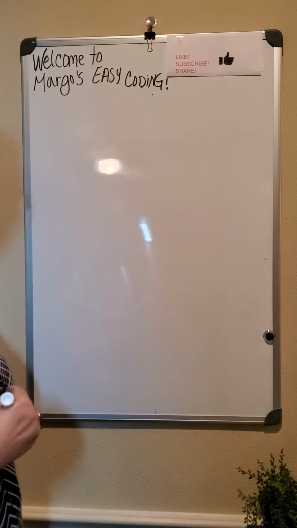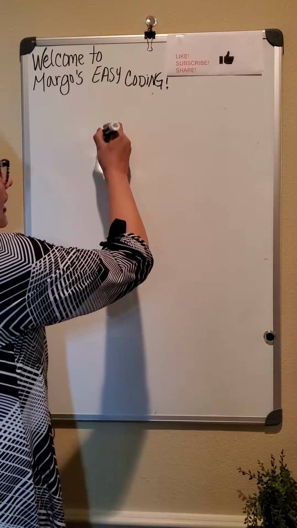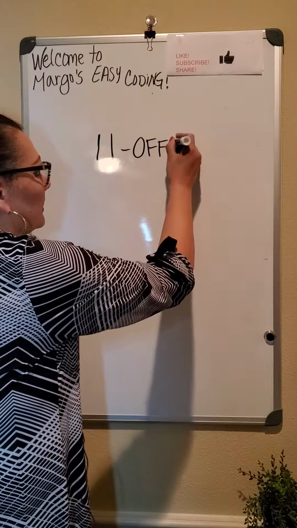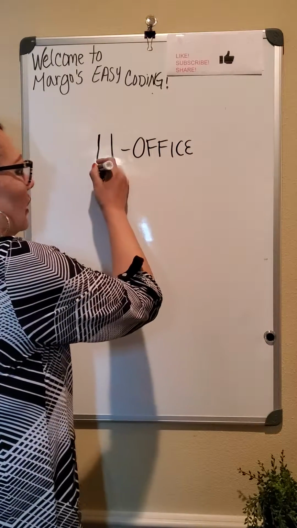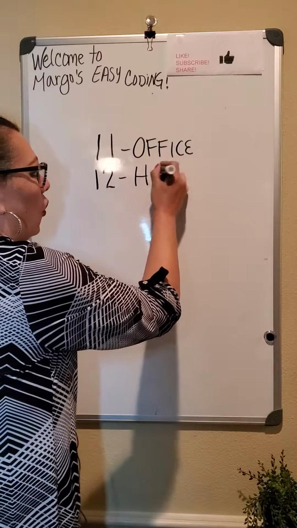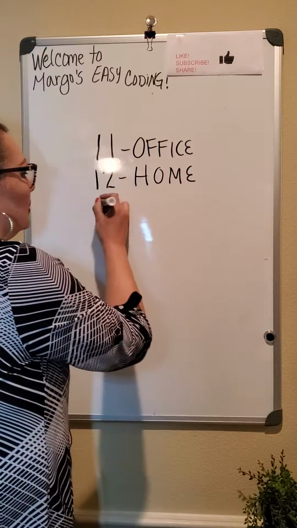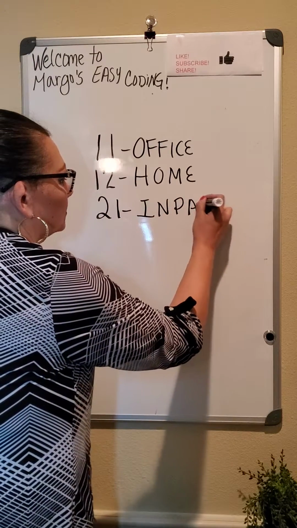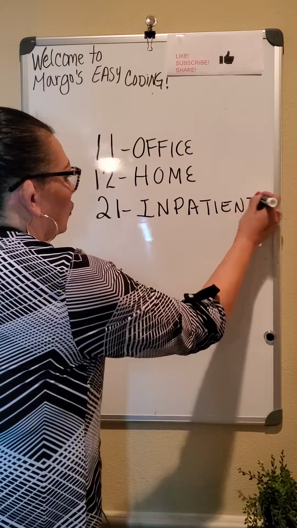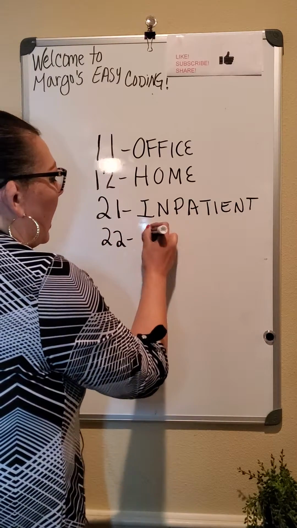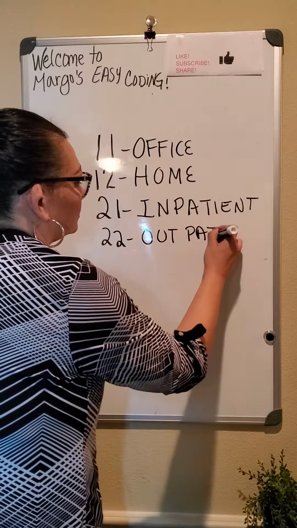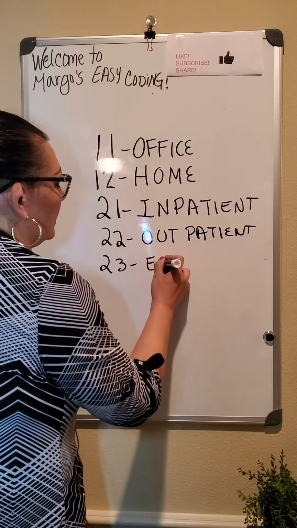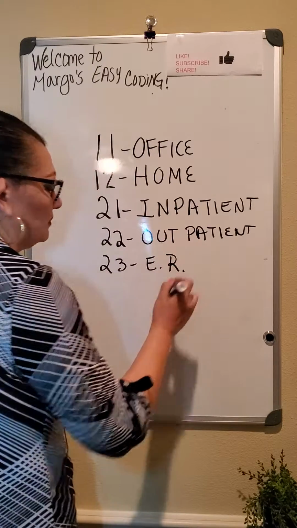So the first one is 11. 11 is office. 12 is home. 21 is inpatient. 22 is outpatient. And 23 is emergency room.